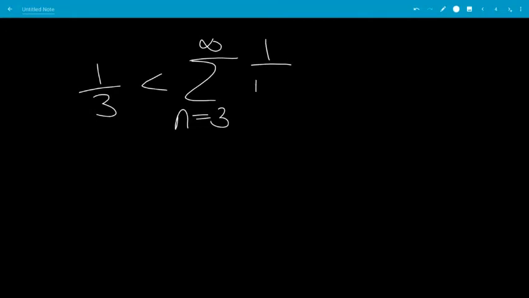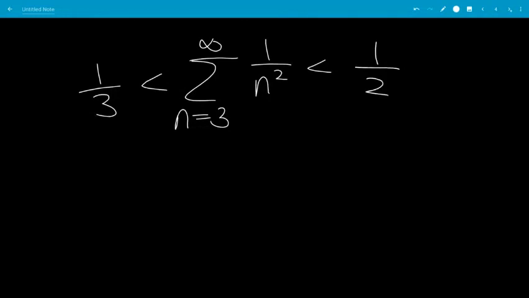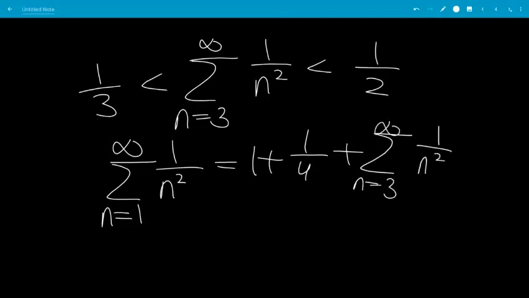So we have 1/3 is less than the sum, as n goes from 3 to infinity, of 1 over n squared, which is less than what we got here, 1/2. And the sum as n goes from 1 to infinity of 1 over n squared is 1 plus 1 over 2 squared, which is 1/4, plus the sum as n goes from 3 to infinity of 1 over n squared.